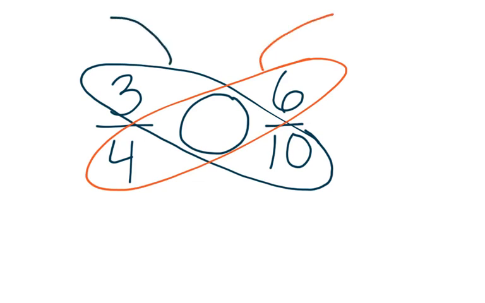Okay. Now what I'm going to do is multiply that circle that I just created. So here I'm going to multiply 3 times 10. And over here I'm going to multiply 4 times 6. 3 times 10 is equal to 30. That's the product that I get. And 4 times 6 is equal to 24.